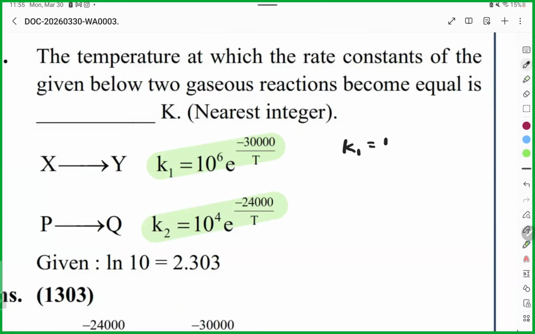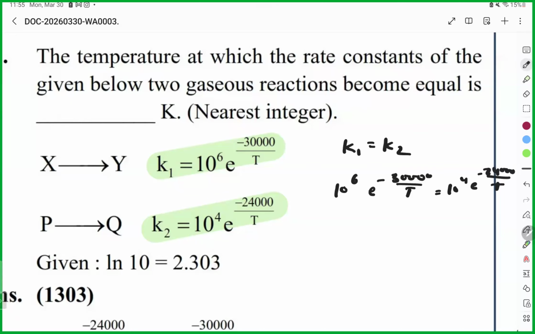You know the answer, but you have to calculate it.